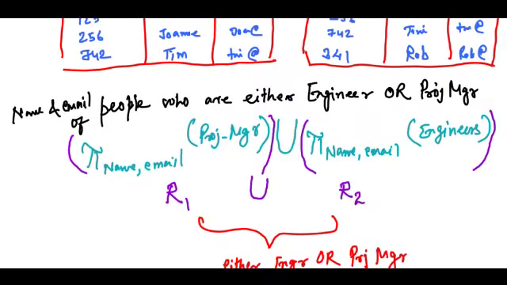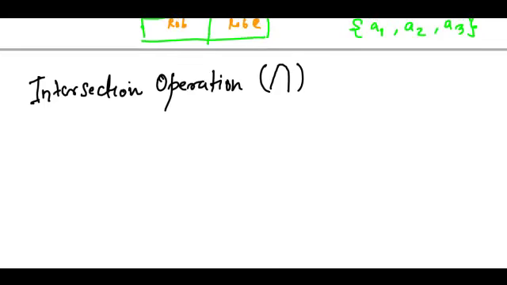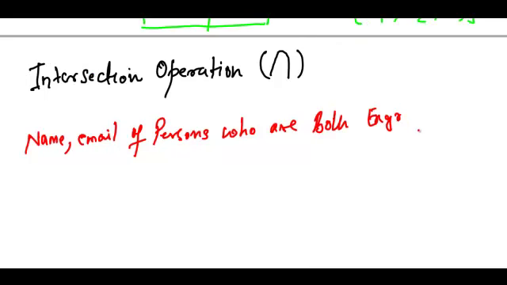So let's change our query from name and email of persons who are either engineer or manager to name and email of persons who are both engineer and project managers.